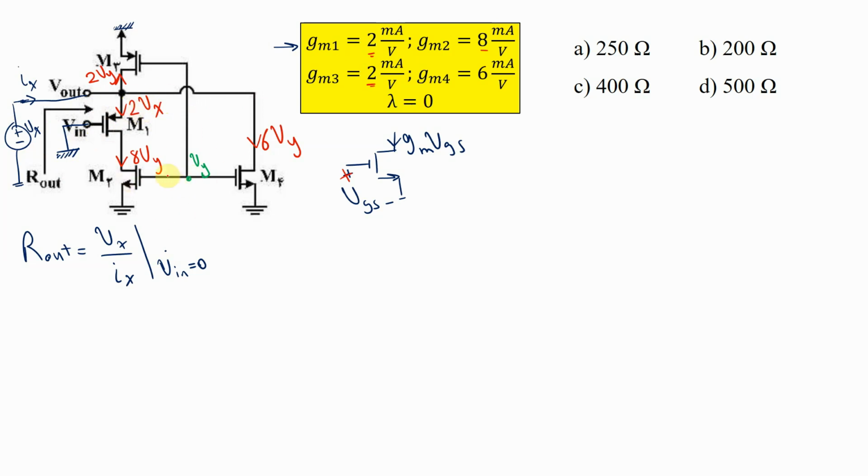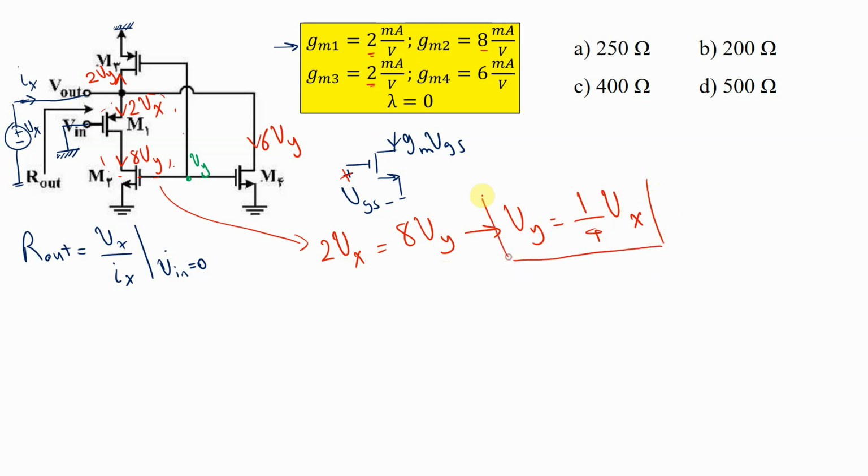An interesting thing is happening here. Look at these two. These two are equal. This drain current of M1 is going to M2. So we can simply write this equation: 2Vx equals 8Vy. Now we can say that Vy equals 1 divided by 4 Vx. This is the first equation that we need.